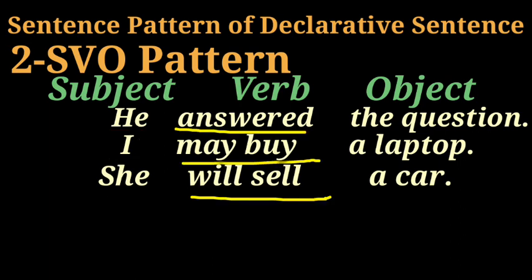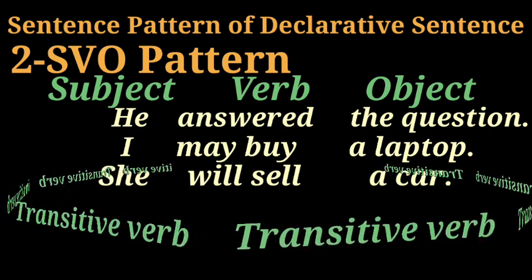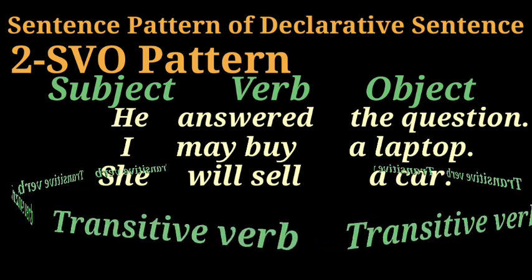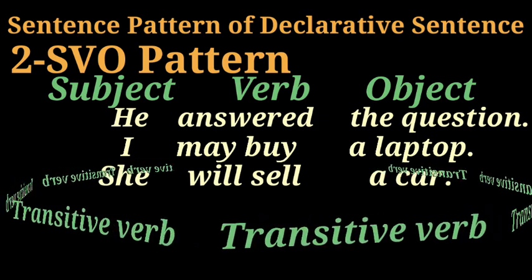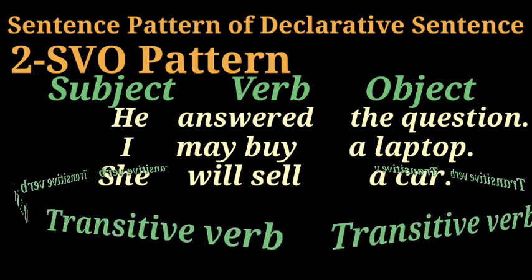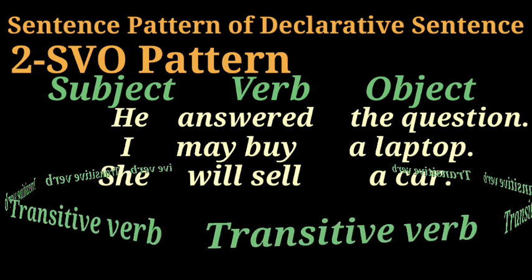Answered, may buy, and will sell are the transitive verbs, and the question, a laptop, a car are the objects. Why do we use a transitive verb here? Because the verb needs the object to give a complete meaning. Okay, the verbs may be incomplete without the object, so the verbs used here are transitive verbs.